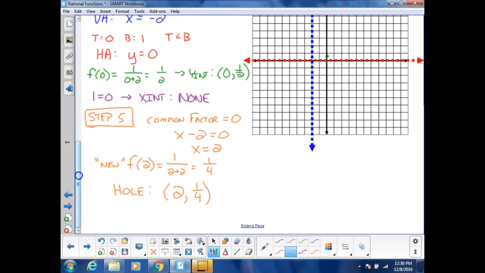So I go to the point 2, 1/4, and I put an open dot at that point. Now the trick is, when I'm going to draw my curve, I can't just draw it right through the hole. I have to lift up my pencil or my pen, or in my case, finger or marker, and then put it back down.